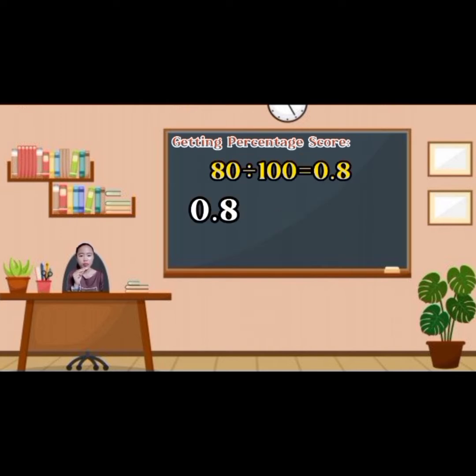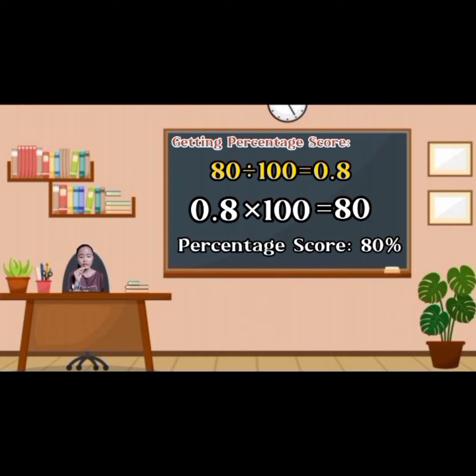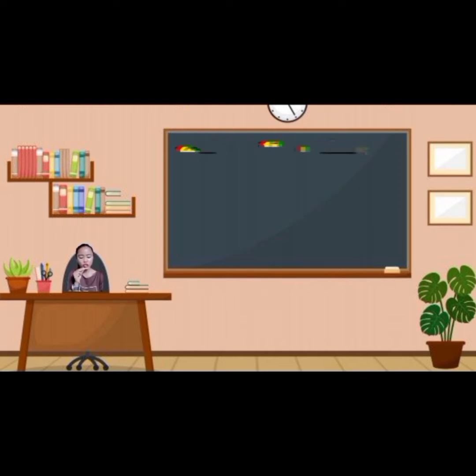And 0.8 times 100 is 80. So your percentage score is 80%. So next, if you get it, let's proceed to the percentile ranking.